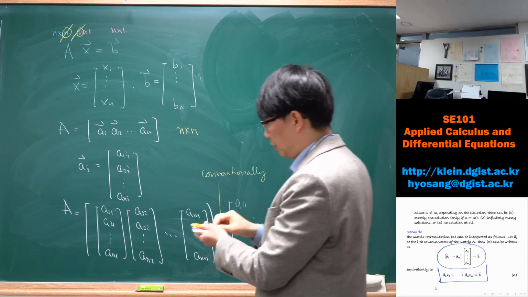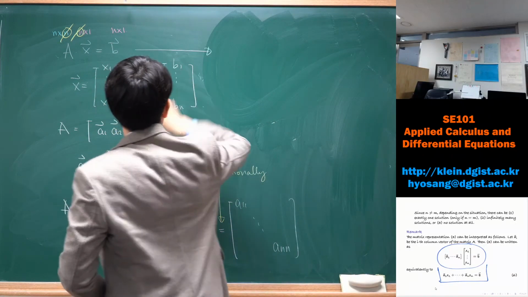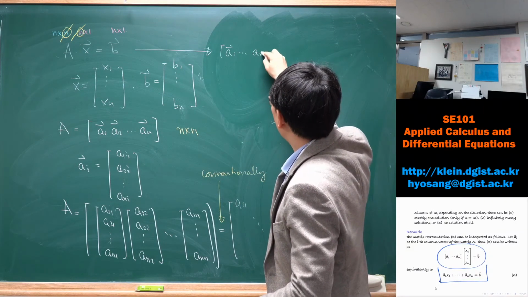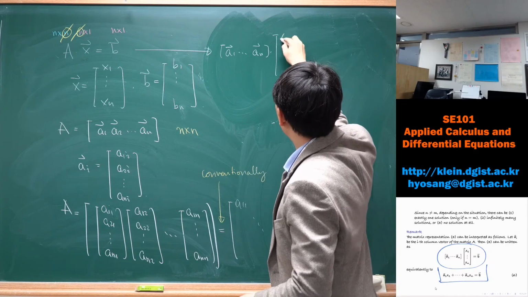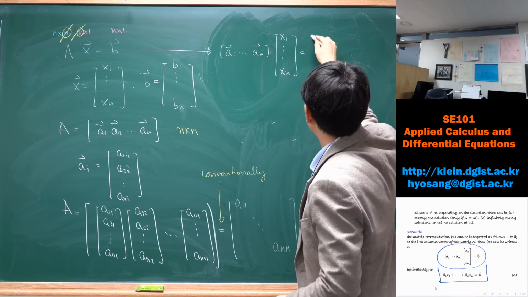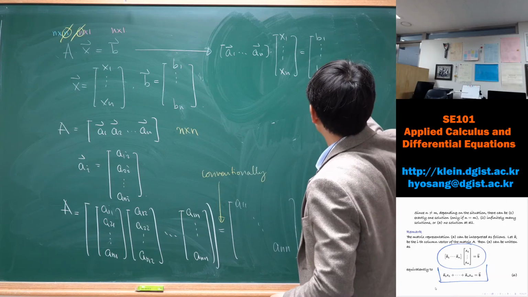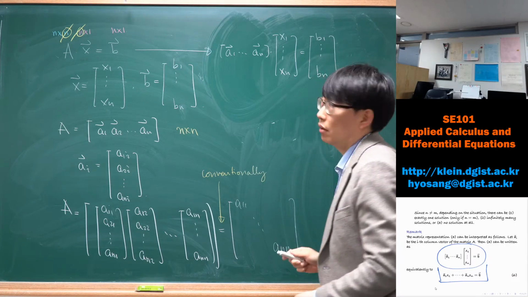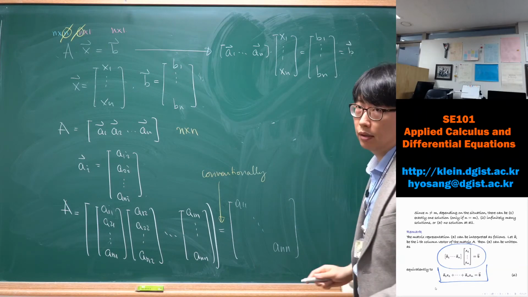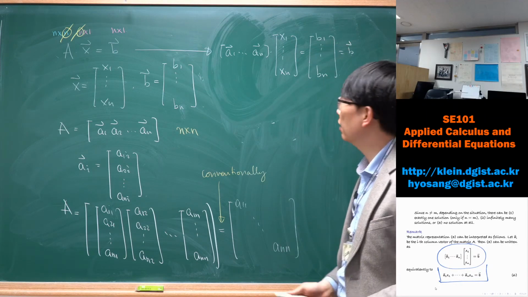So this expression can now be written as A1 vector to AN vector times x1 to xn equals B1 to Bn. Right? Or you can just write it as B vector.